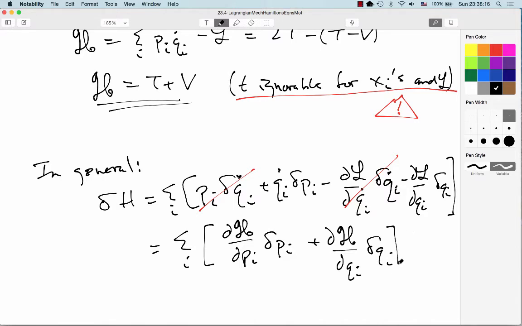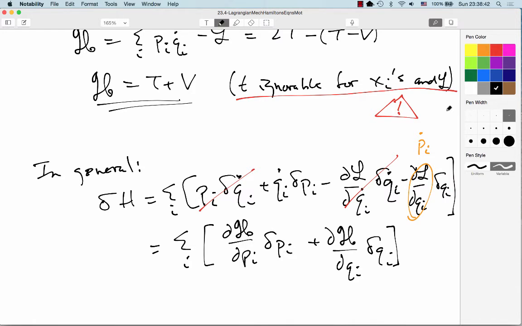Well, I think we've gone ahead and identified our correspondences here, right? So we will compare those terms. Now this guy right here, from Lagrange's equations, this term right here, we can interpret as p_i dot.